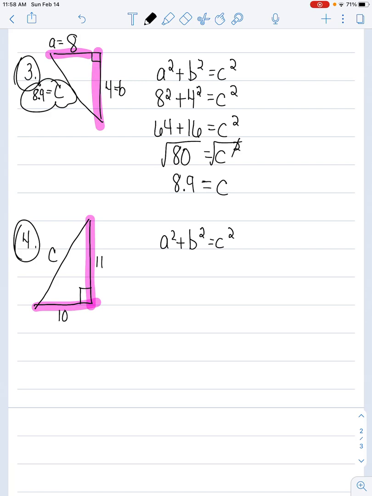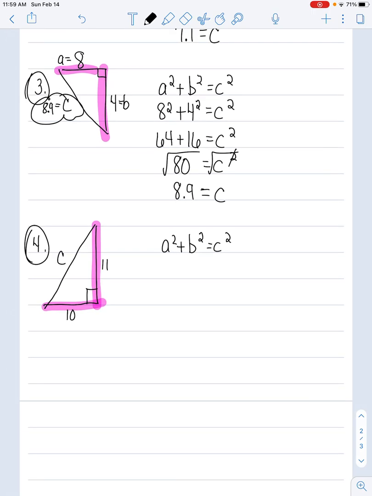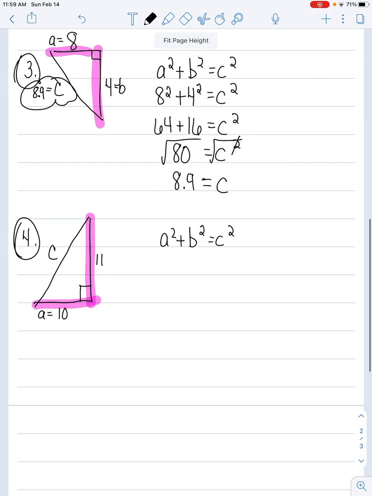All right. Does it matter which of these is A and which one is B? No. So I'm going to say this one's A, and I'm going to say 11 is B. So now let's plug it in. 11, oh wait, nope, I said 10 was A. So 10 squared plus, I said B was 11, squared from the formula equals C squared.